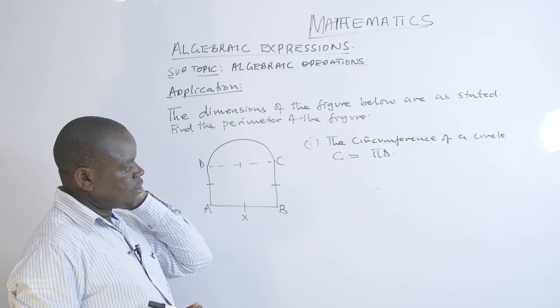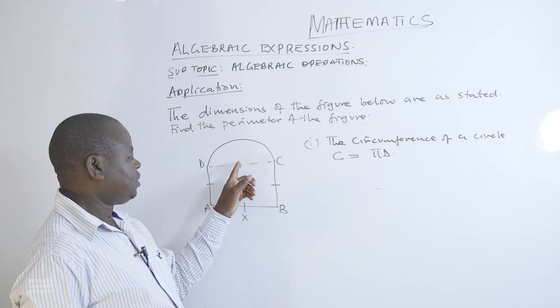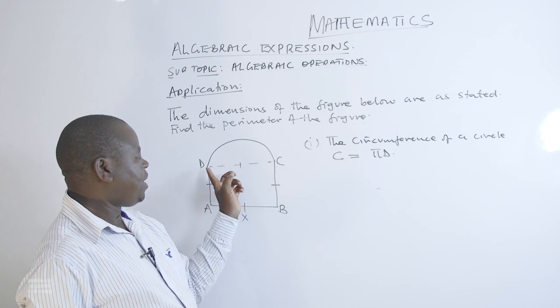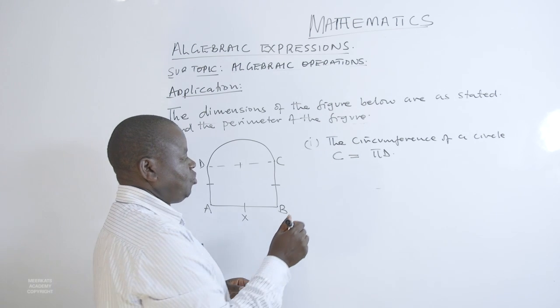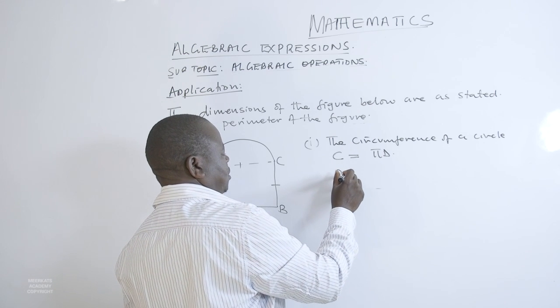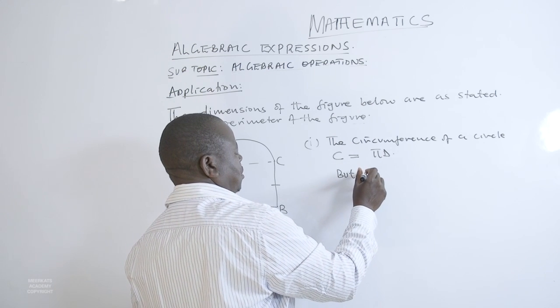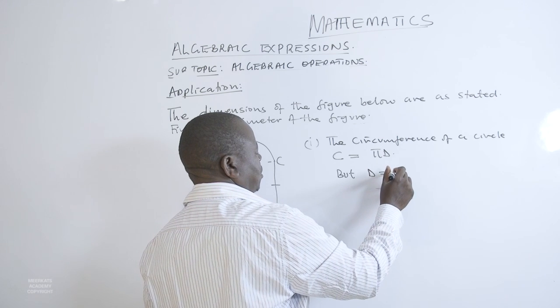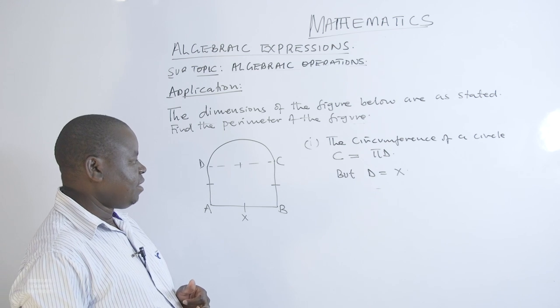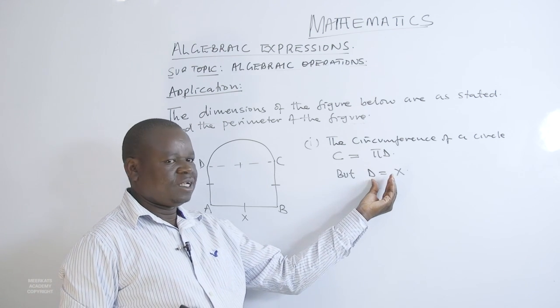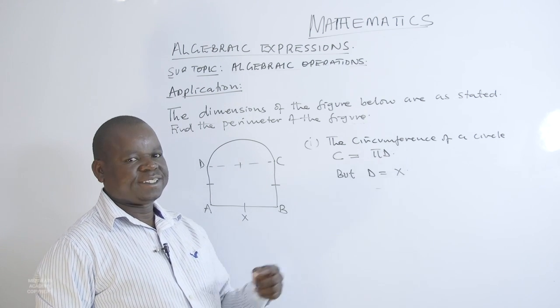But here, our diameter is equal to x, and therefore where there's diameter, we substitute with the x.